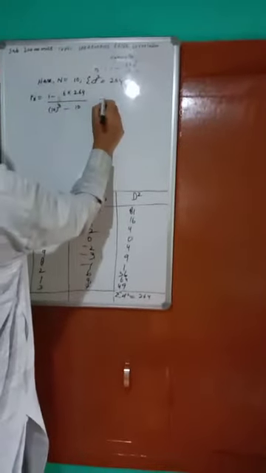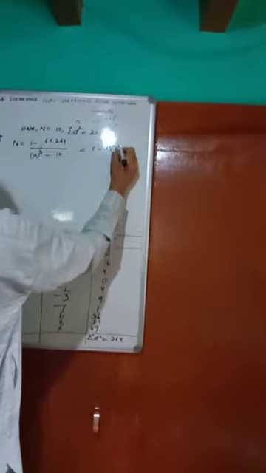I will repeat it: Rk = 1 - 6 sigma d square, that is 6 into 264, divided by 10 cubed minus 10, which is equal to 1 minus 1584 by 990.